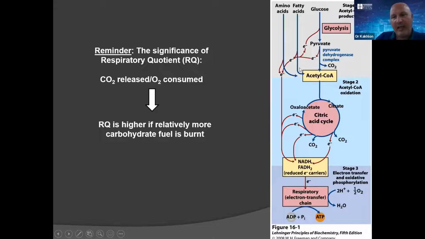As you can see here, from a basic textbook of biochemistry, fatty acid and amino acid oxidation can produce reducing power, or NADH, directly, bypassing the citric acid cycle. So the ratio of CO2 released to O2 consumed is related to how much carbohydrate is metabolized in comparison to other fuels, amino acids and fatty acids.